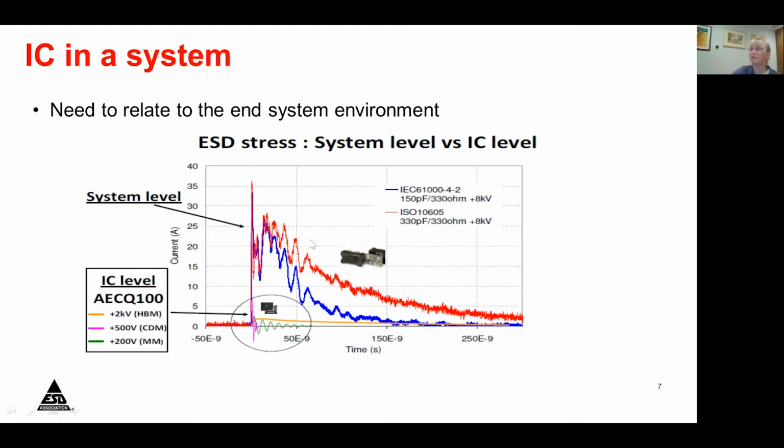But in the end system, the models reflect a much higher level of dissipation. The levels in the red and the blue curves represent plus 8,000 volts, which if you remember is back in the order of what you feel. If you can feel a discharge event, then it's in and around that level.